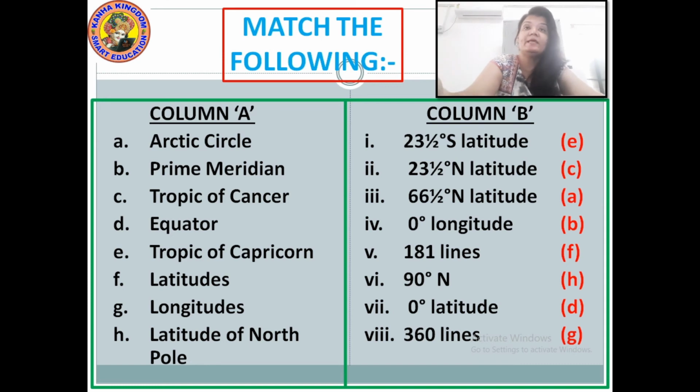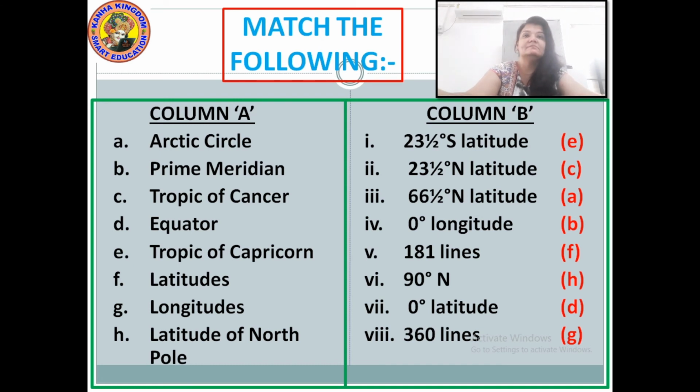Note it down. Column A, number 1, Arctic Circle. Second, prime meridian. Third, Tropic of Cancer. Fourth, equator. Fifth, Tropic of Capricorn.